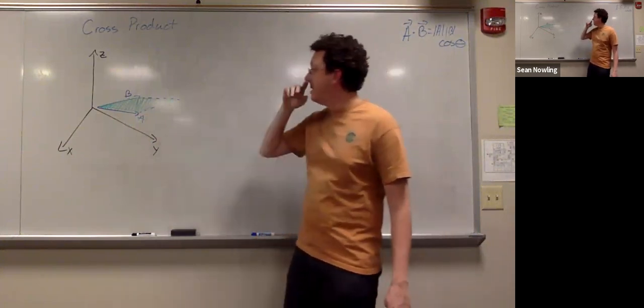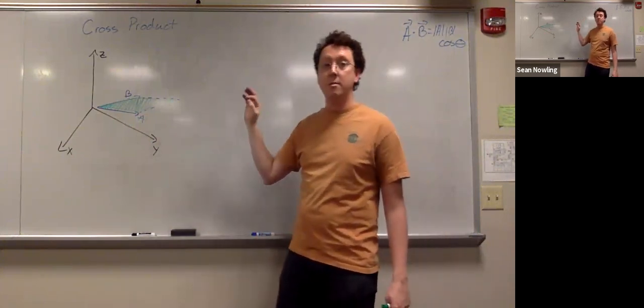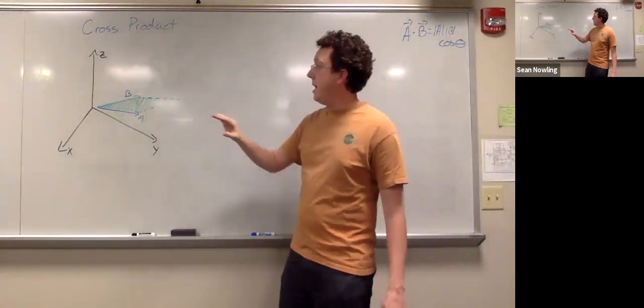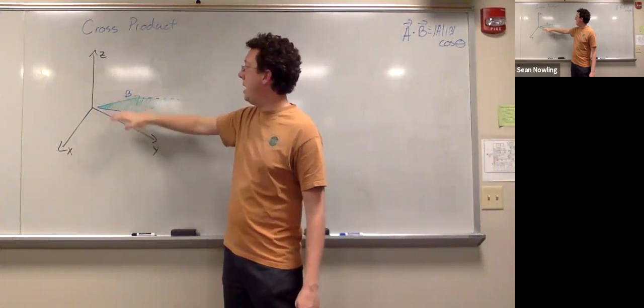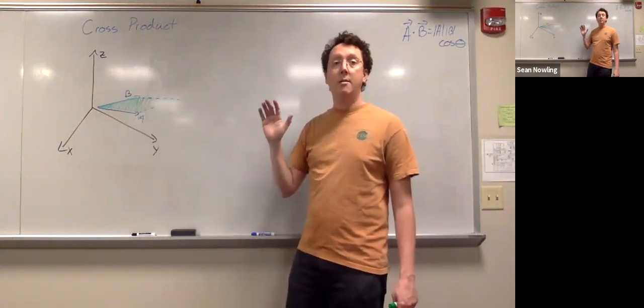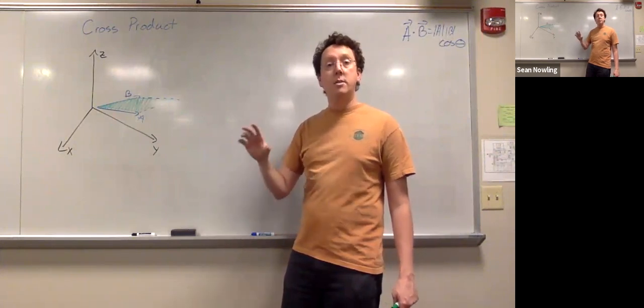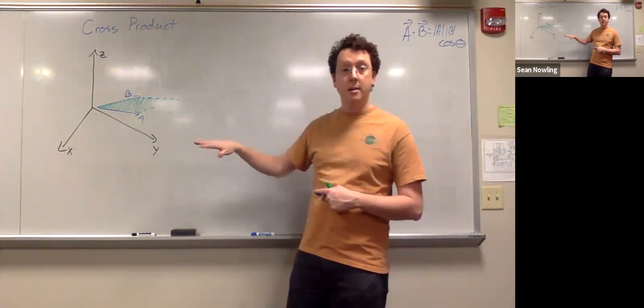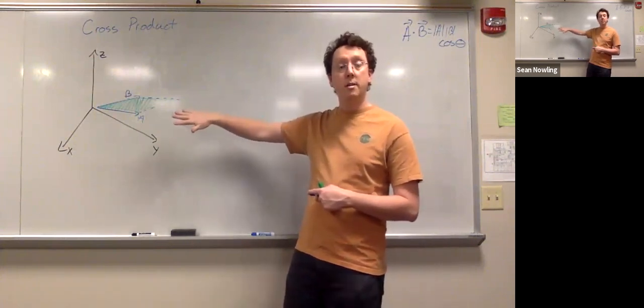But no, the reason is it's going to be more complicated than you probably imagine if you haven't seen this before. So the answer to the cross product between A and B is going to be a vector, and the magnitude of that vector is going to be the area of this parallelogram.